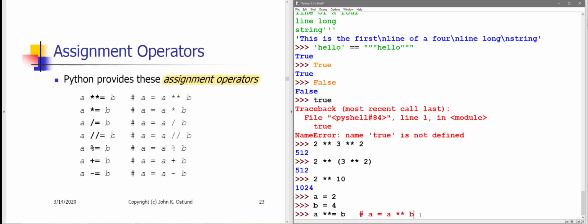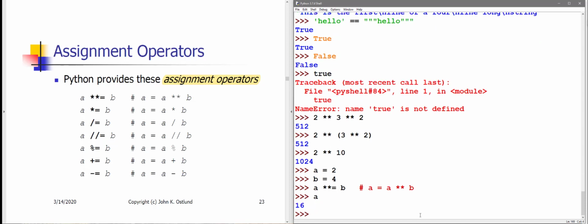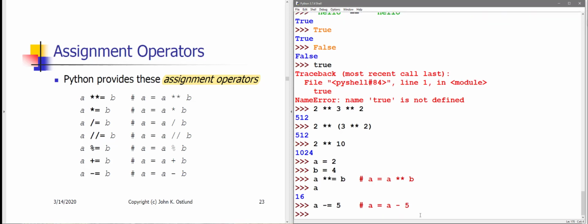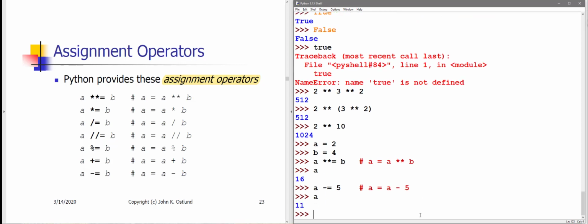So a is going to end up containing the value 16 as a consequence of that. And then later, if I said a -= 5, that would be the same as saying a = a - 5. And so now a is going to refer to the value 11 rather than the value 16.